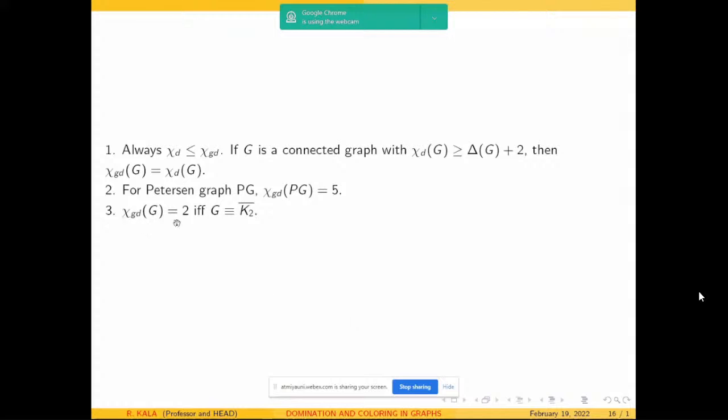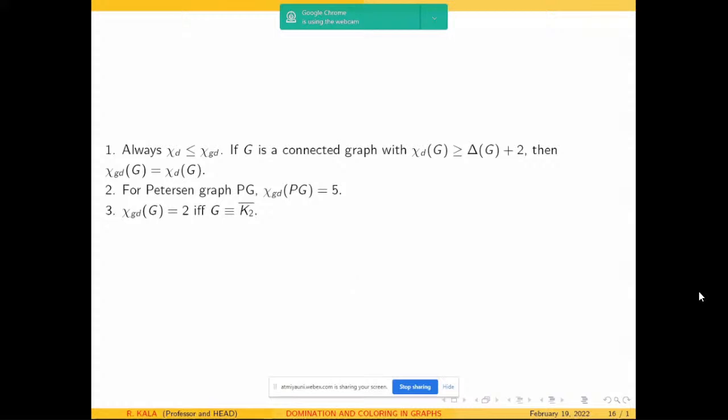And of course, this is for chi GD equal to 2. So you have two color classes, global dominating. Suppose one color class contains 2 or more vertices. What I can say is that it is not a DOM color class, so that vertex has to be adjacent to all the other vertices of the second color class, and so it does not have an anti-DOM color class.